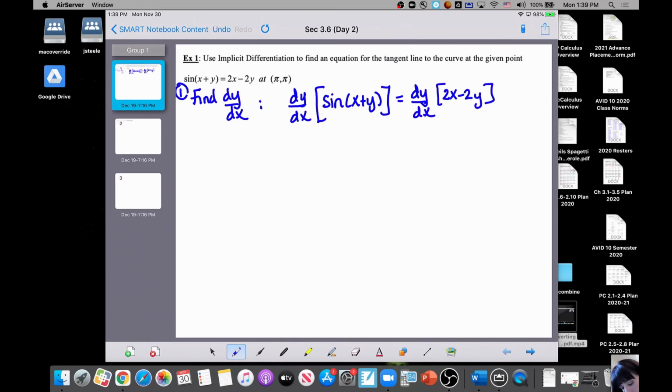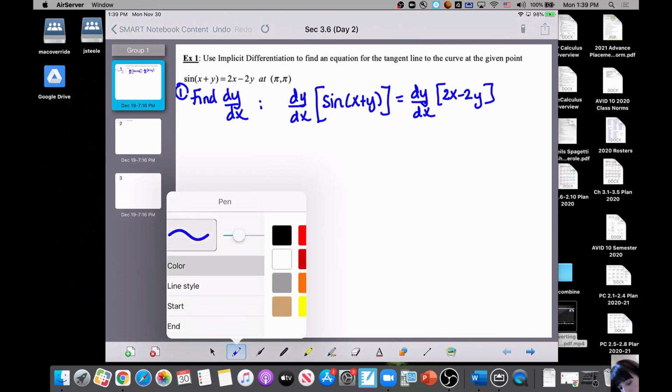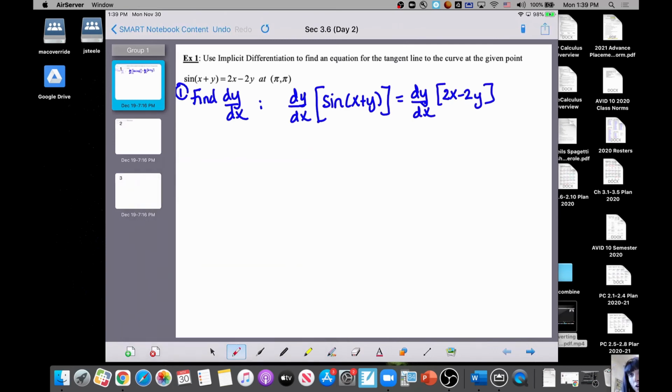And on the left-hand side, when I do the derivative of sine of something, this is going to be chain rule, right? Because I have two functions inside of my sine function. So this is going to be chain rule. I'm going to start on the outside and work my way in.